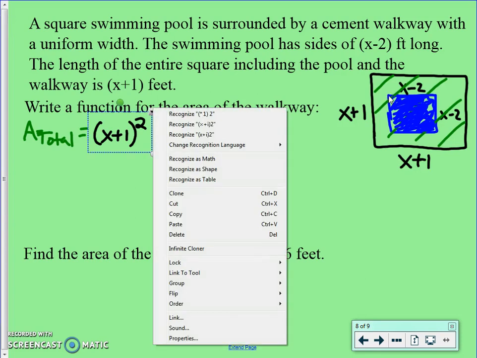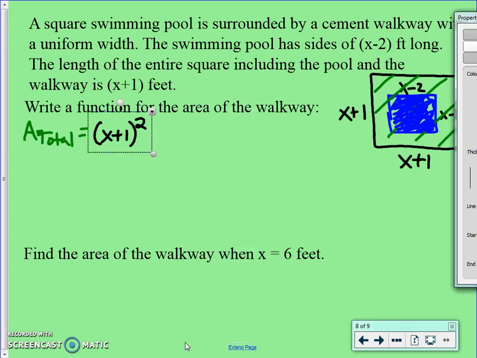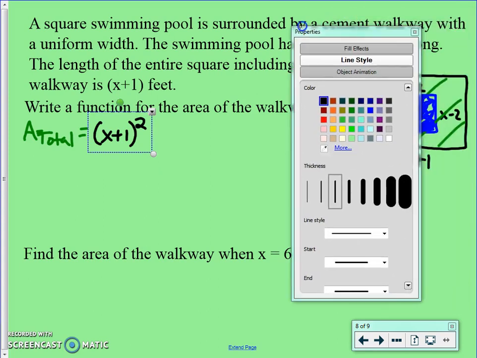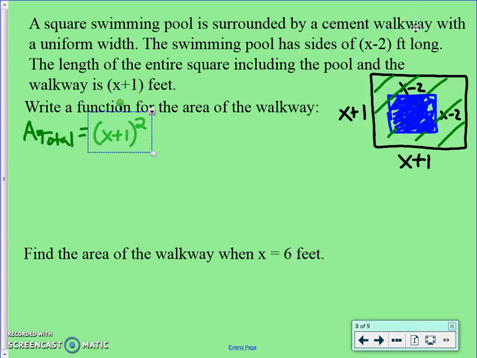Make that colored for ease of recognition here. The total area is not what we're looking for. We want to find the area of the walkway. Well, we also have to know the area of the pool. The area of the pool is just the quantity of x minus 2 squared.